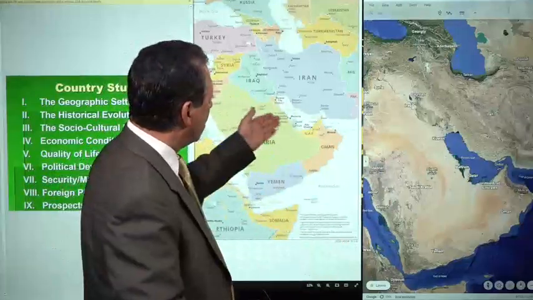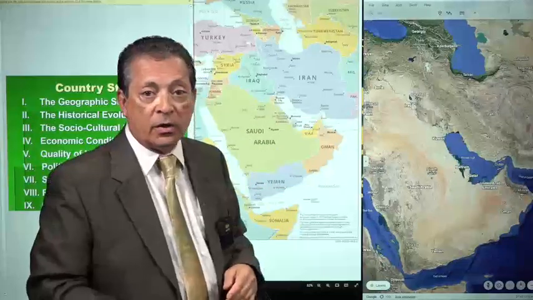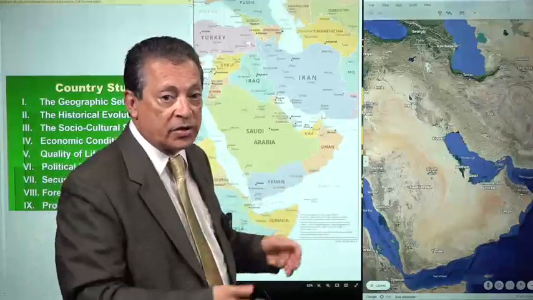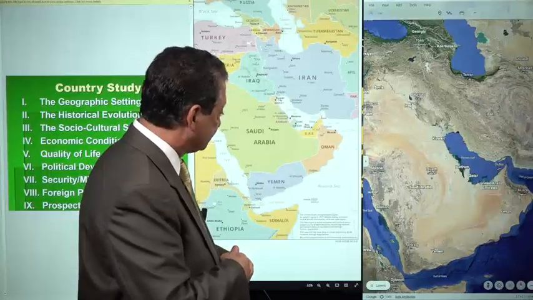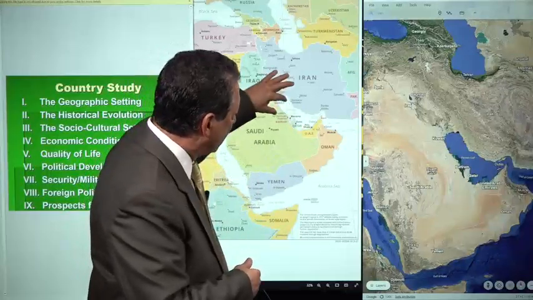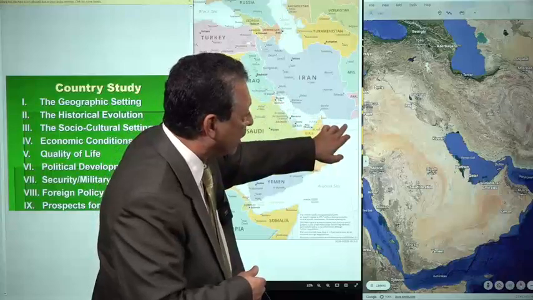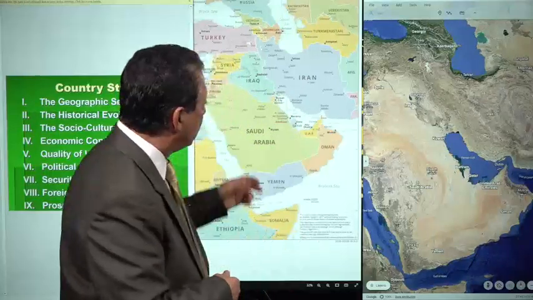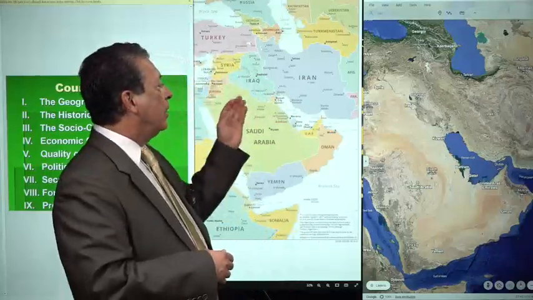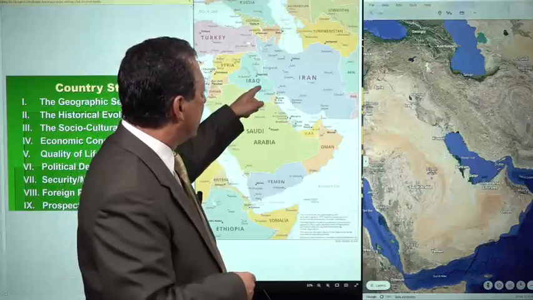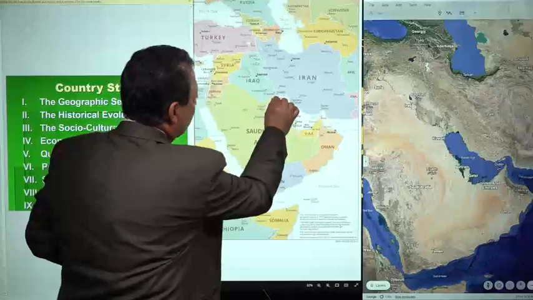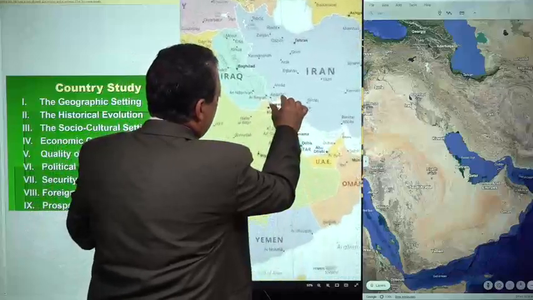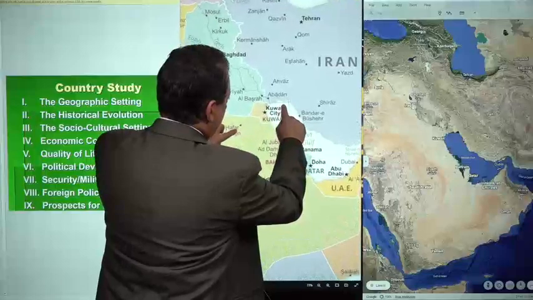It has almost 1,200 kilometers of coastline with the Persian Gulf, which is right here, and the Sea of Oman right there. Then, when you look at the other powers over there, Iraq. Actually, Iraq has a very small, let me see if I can make this larger for you so you can see it a little better.